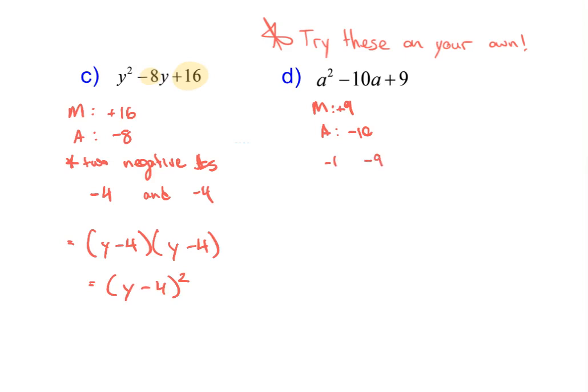Right, the only other possibility to multiply to 9 would have been 3 and 3, and negative 3 and negative 3 would have given me negative 6. Here I have negative 10, so the other option is 1 and 9. So my numbers are negative 1 and negative 9. So when I factor this, I'm going to end up with a minus 1 and a minus 9.